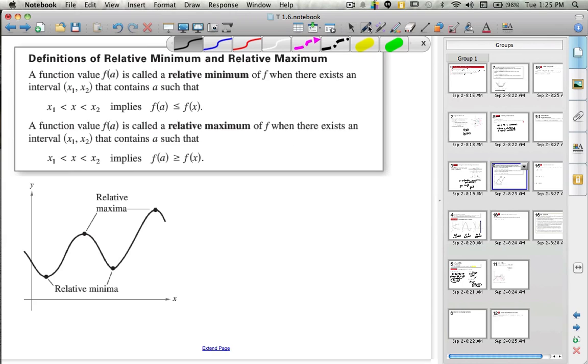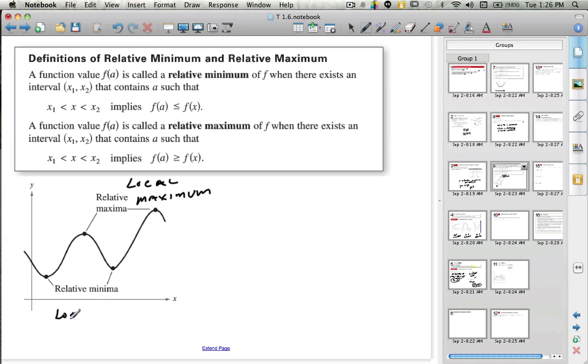Those turning points are called relative or local maximums and minimums. So you could also call these local maximum, which is another way to say relative maxima, and local minimum is what you would use for this.